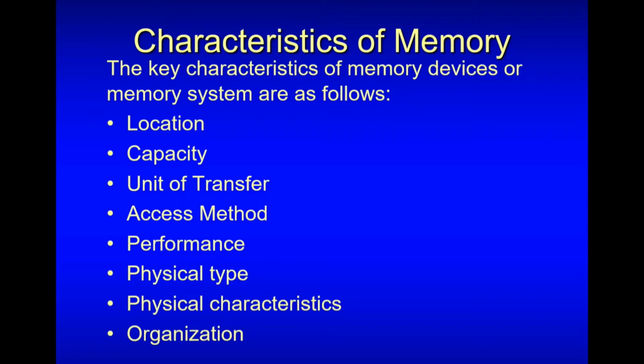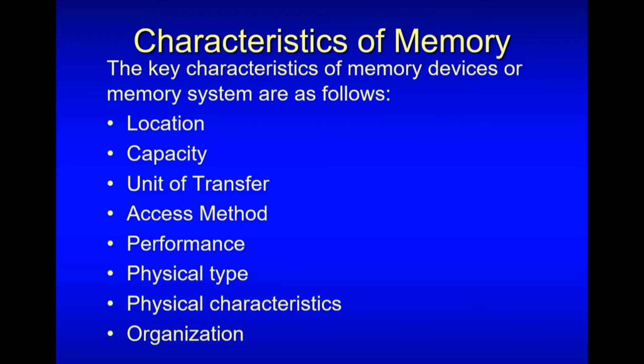If that data is not available there, then it accesses the secondary memory. Therefore, we should have a primary memory much faster than the secondary memory, because the processing speed becomes much faster. That is what unit of transfer is all about.